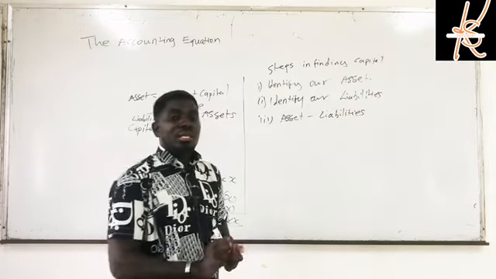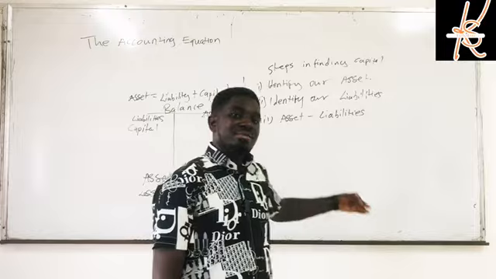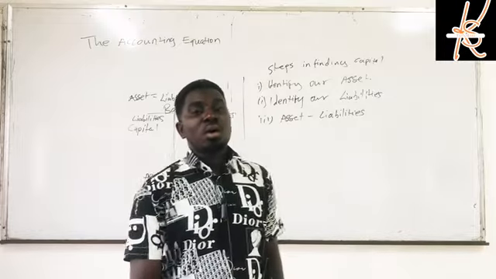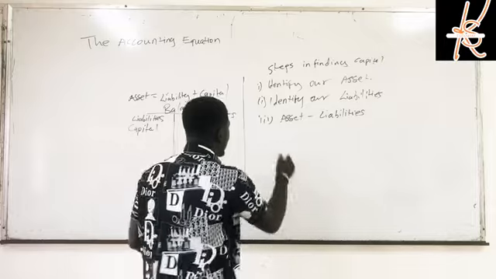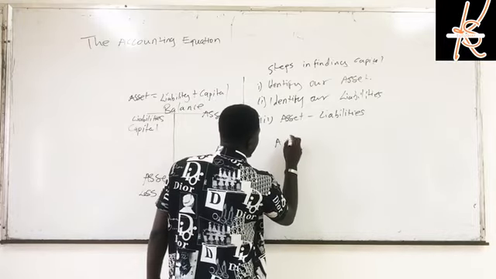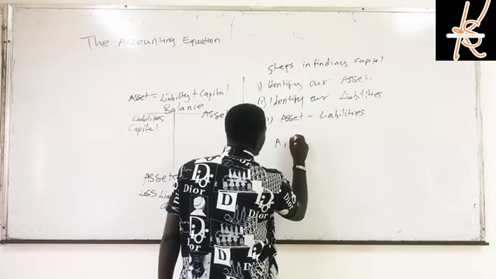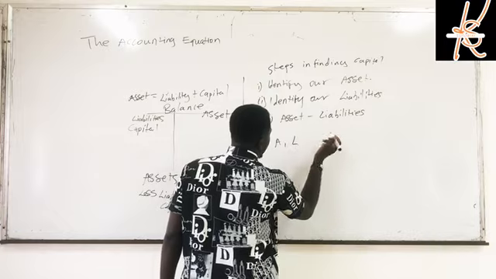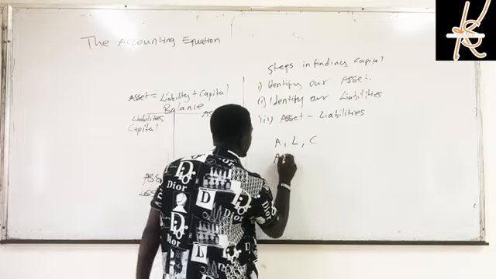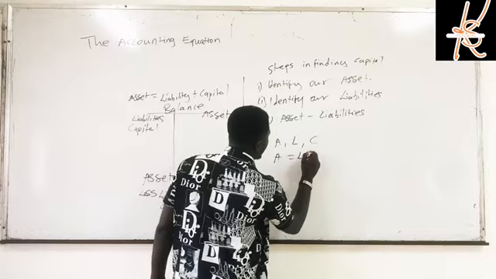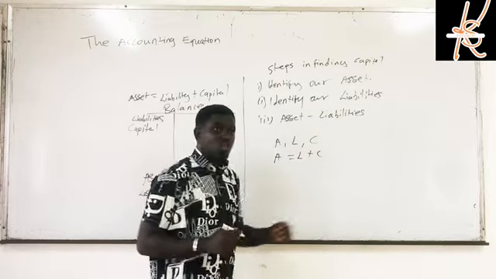When we take our liabilities from our assets, whatever is left is our capital. So this is the equation. Let's say A is assets, L is for liabilities, and C is for capital. So you have assets is equal to liabilities plus capital.